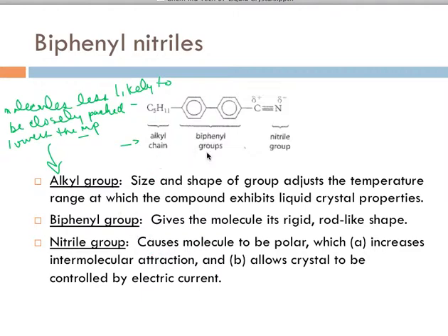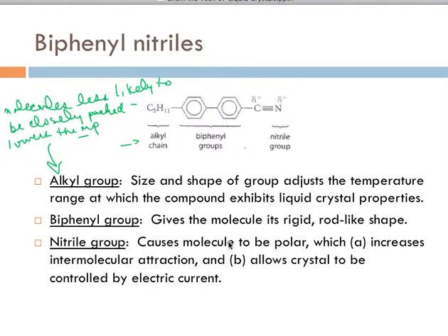Okay. This biphenyl group, these two benzene rings together, gives the molecule its rigid rod-like shape. And then this nitrile group, or the functional group on the end of a liquid crystal molecule, in this case we're talking about biphenyl nitriles, so it's a nitrile group.